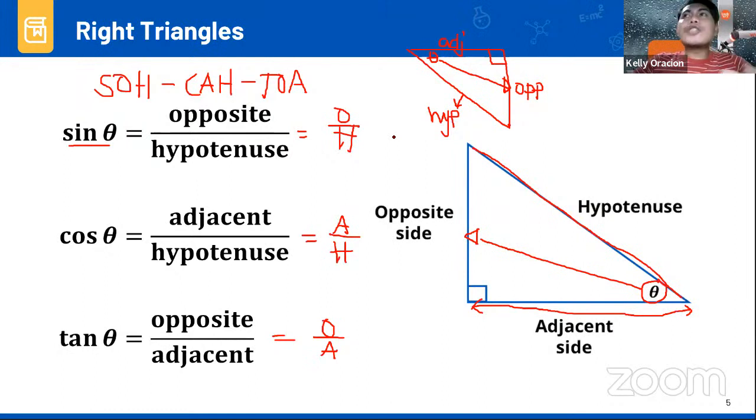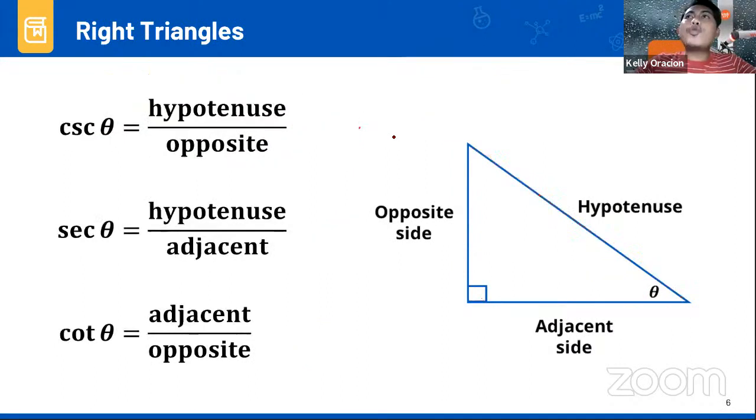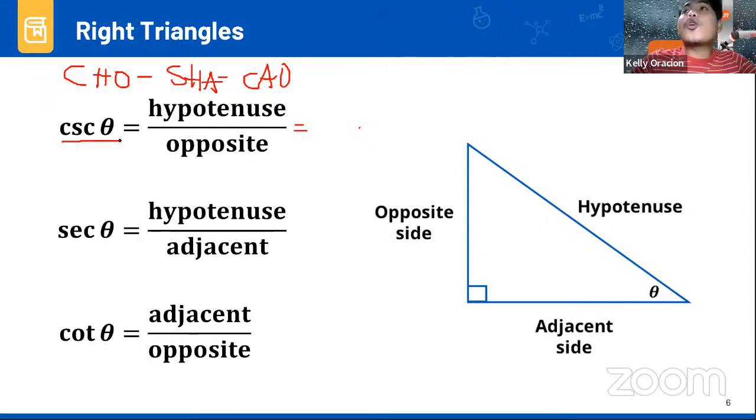If meron tayong SOHCAHTOA, meron din tayong tinatawag na SHAKAW. Kung napapansin ninyo, class, anong pagbasa nito? It's cosecant.